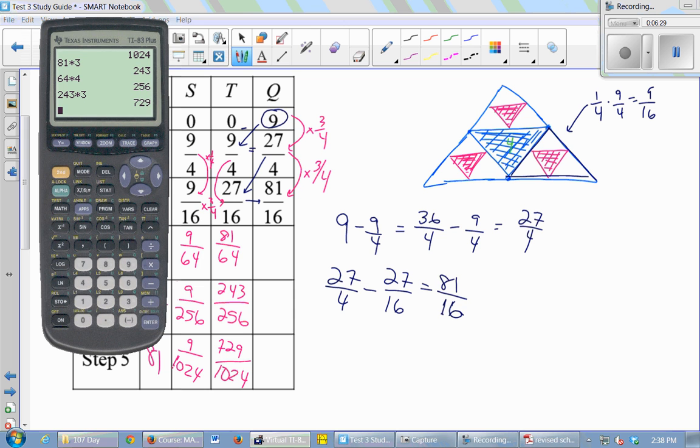So 81 times 3 is 243. 16 times 4 is 64. And then 243 times 3 is 729. 64 times 4 is 256. And then 729 times 3 is 2,187 over 1024.